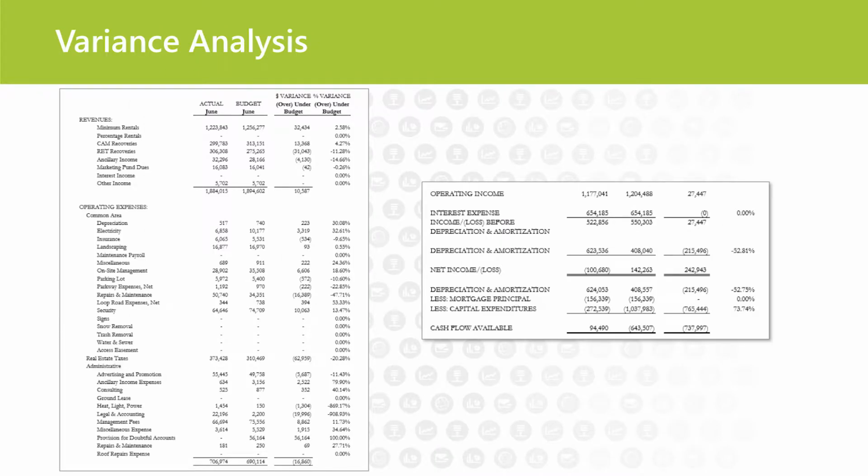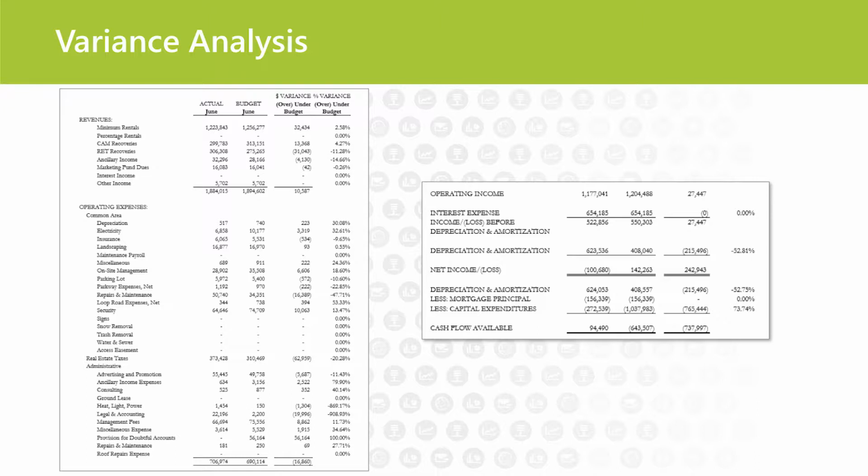We've also used it for variance analysis, just simple budget to actual. You can do month to month, period to period, current period to prior period, current period to last year's period, any sort of analysis that you want to do and set thresholds for, you can throw together.